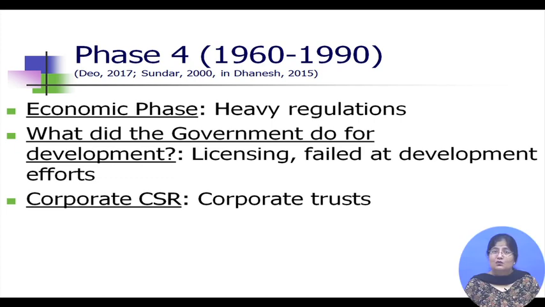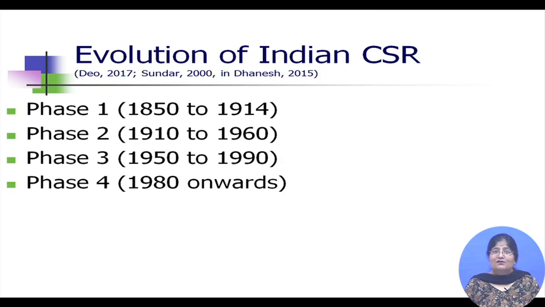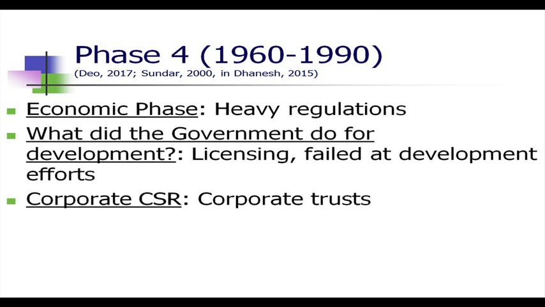Okay. Then the next phase lasted from 1960 to 1990. Again, if you see, the previous classification was 1950 to 1990, sorry. Deo has broken this up, she has made very clear classifications here, and she says this fourth phase went from 1960 to 1990.